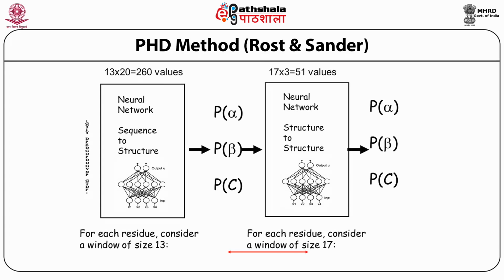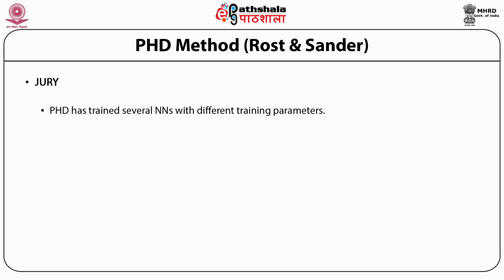This prediction system is divided into a set of different neural networks, and for each residue, you take a certain window, put it into a neural network, and get a prediction. These predictions are then fed into another neural network with a different window size, and finally the final output is what is taken. The critical thing here is that the whole process is repeated with independently trained neural networks, and the results are averaged or a consensus taken so as to minimize idiosyncratic errors from one or the other network.